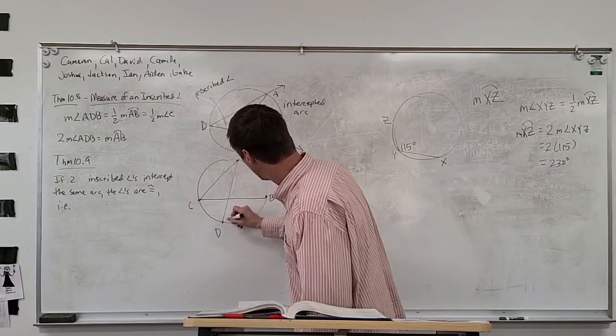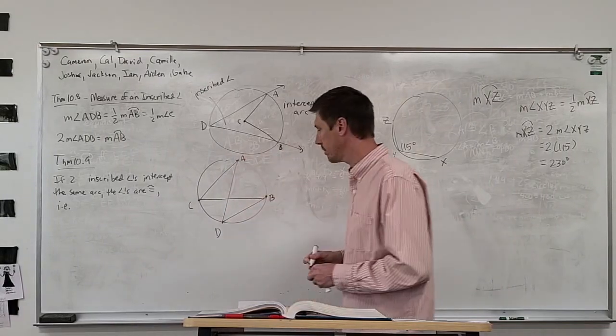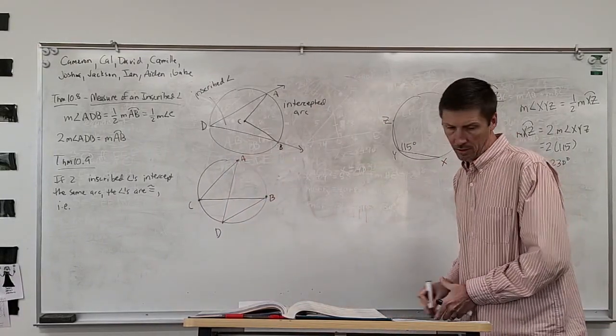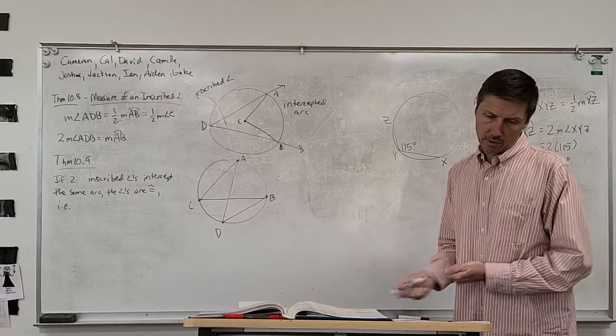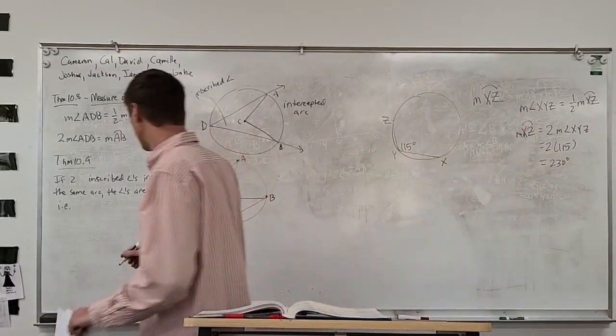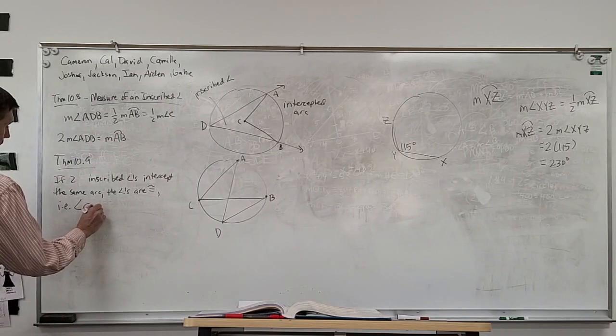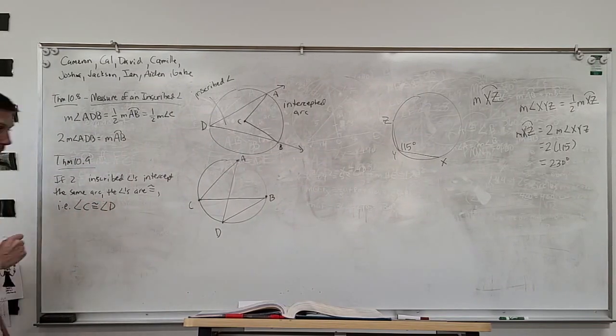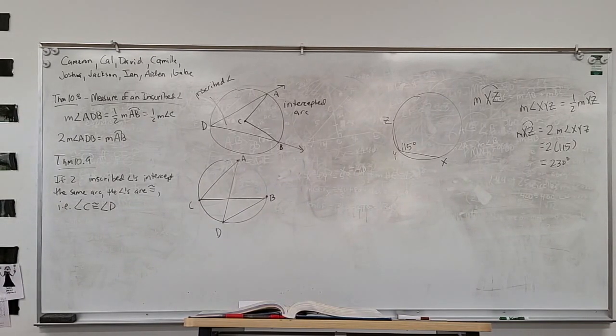It goes to the same arc, right? Looks like that. And so what this theorem tells us is that angle C is congruent with angle D. And that should make sense to us based on what we know about the measurement of an inscribed angle. It's related to the measurement of the intercepted arc. So it would make sense that those are congruent with one another.